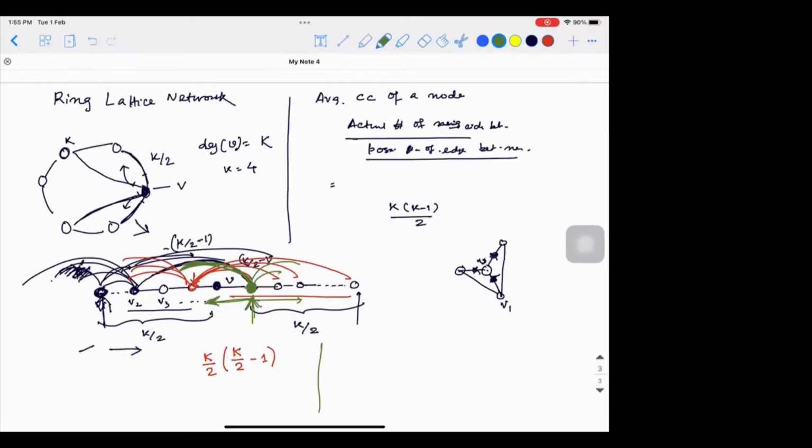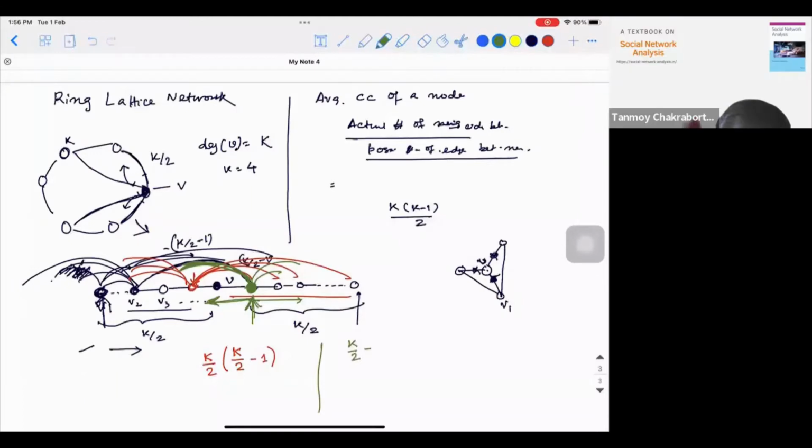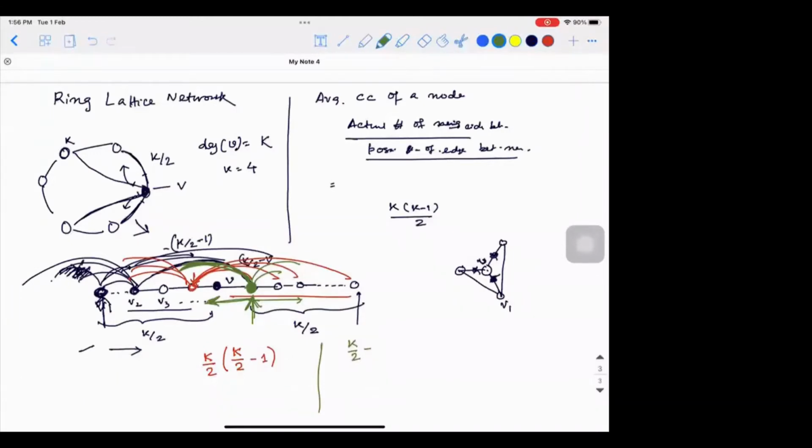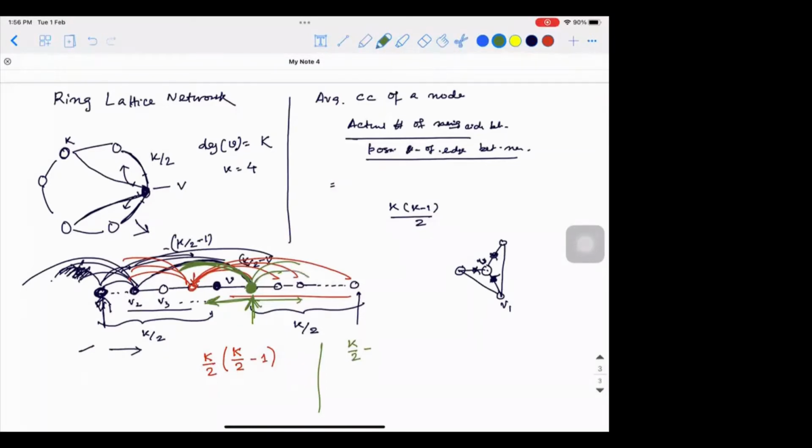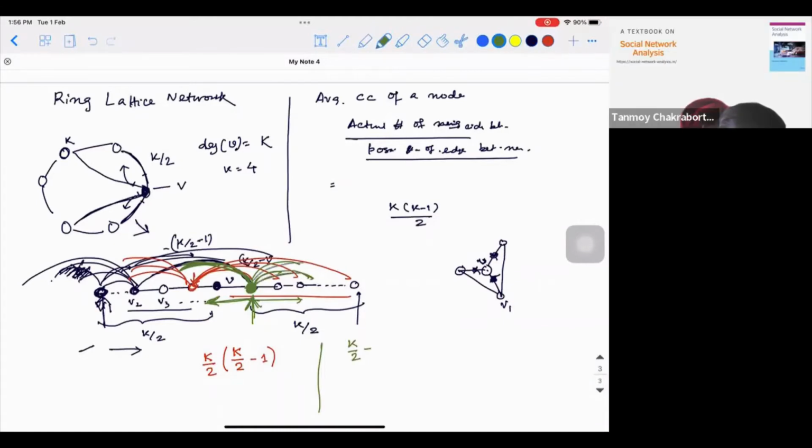K by 2 minus 2. Why k by 2 minus 2? Because towards the right, we consider. So this node has k by 2 edges in the right side, right?